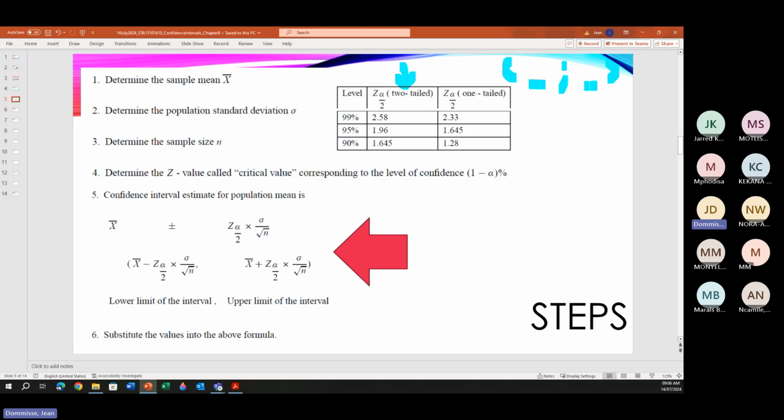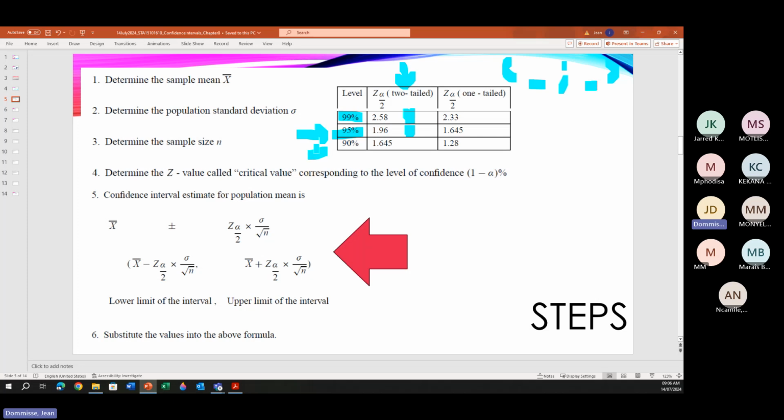So when we work with the Z for the mean where standard deviation is known, or the Z of a proportion, if they tell us we're working with a 99% confidence interval, we can use the value of 2.58 for Z. If they tell us 95, which is the most used one, we can use 1.96.